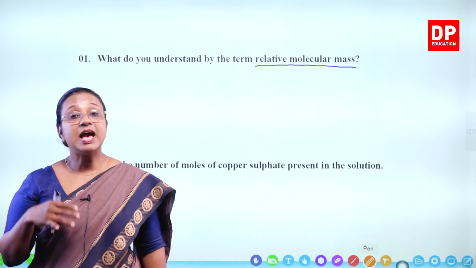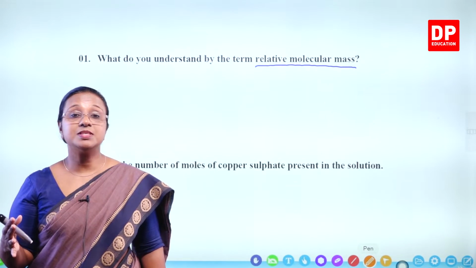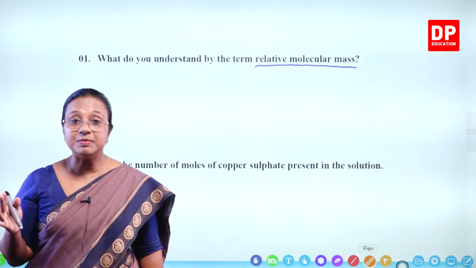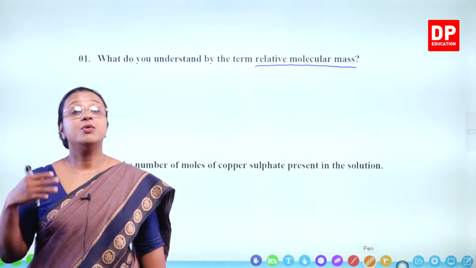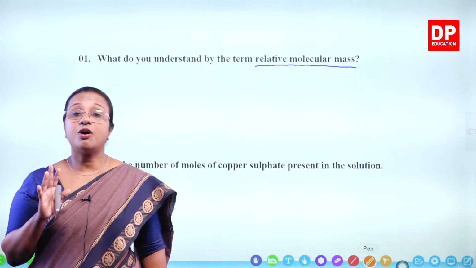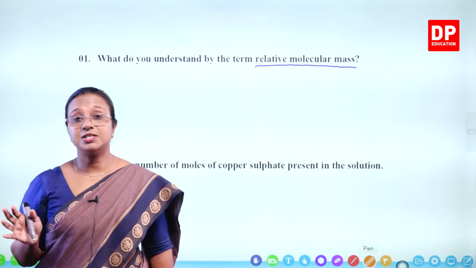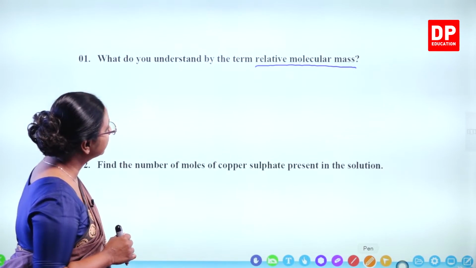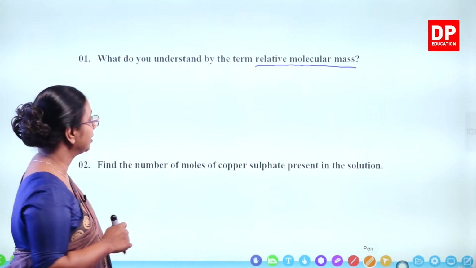Or you can say how many times the mass of a molecule of an element or compound weighs as much as 1/12 of 12,6 carbon isotope atom. That is what you understand by the term relative molecular mass.